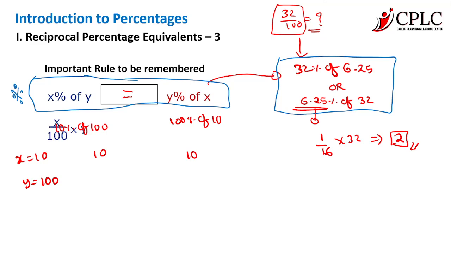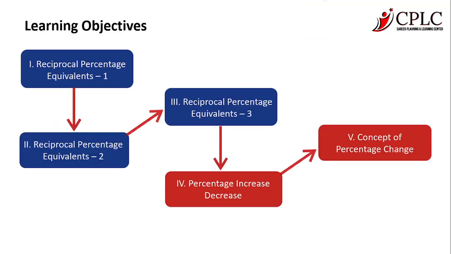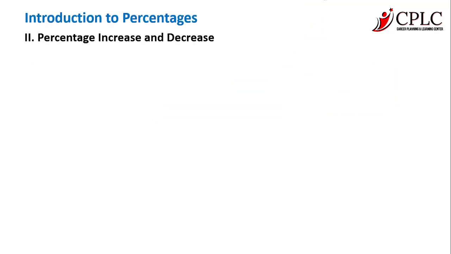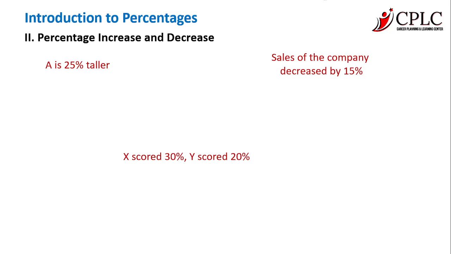Now after this, what we need to remember is, let's have a look at a few statements first of all. So these are the statements. One of them says a is 25% taller.